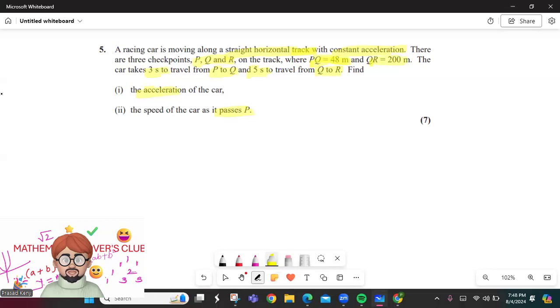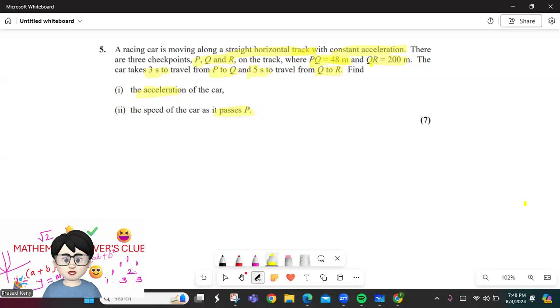But there is a key word in this problem. Can you tell me which one is that, which tells you which method to be used in this problem? So, isn't it constant acceleration, which tells us that we have to use SUVAT equations or the constant acceleration equations?